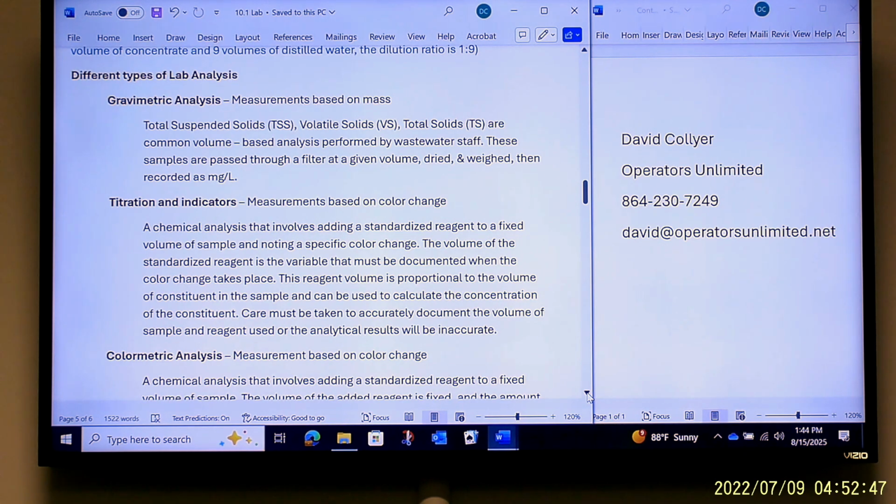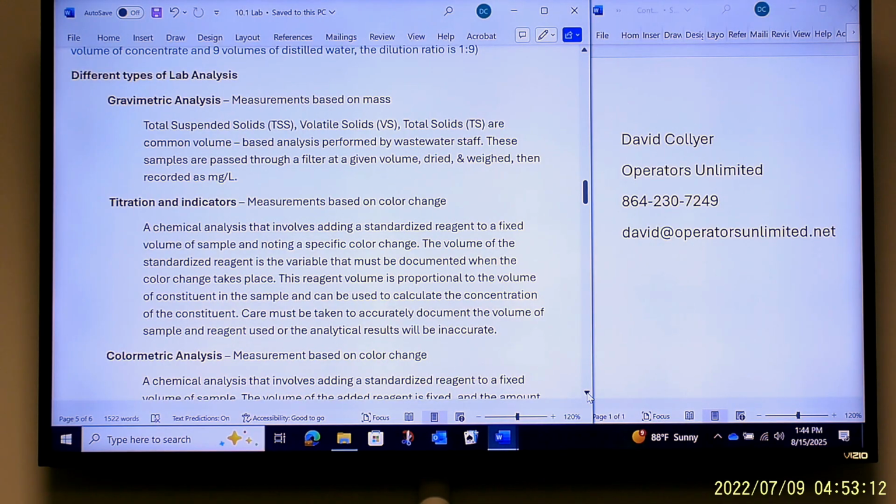Now we also have titration and indicators. These are measurements based on color change. A chemical analysis that involves adding a standardized reagent to a fixed volume of sample and noting a specific color change. The volume of the standardized reagent is the variable that must be documented when the color change takes place.